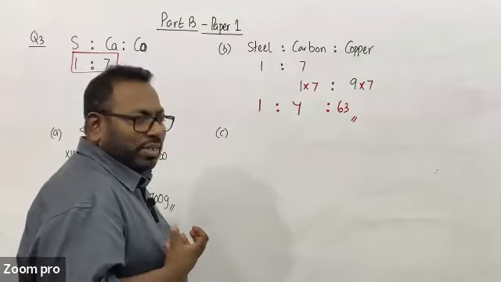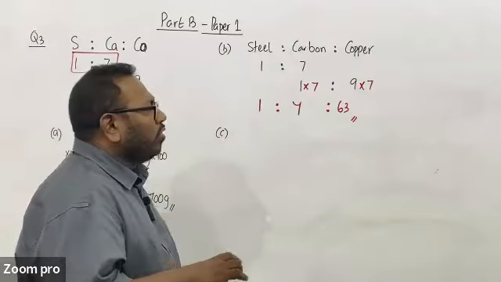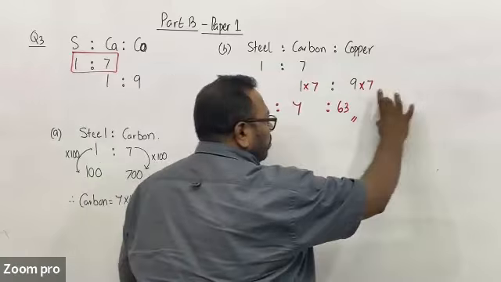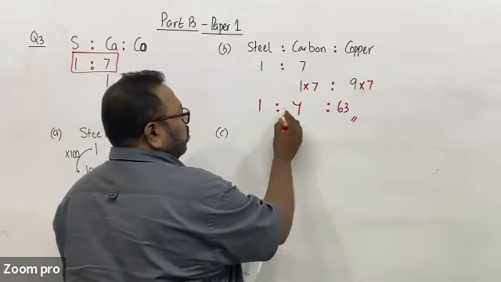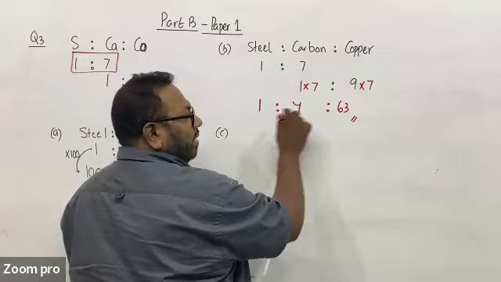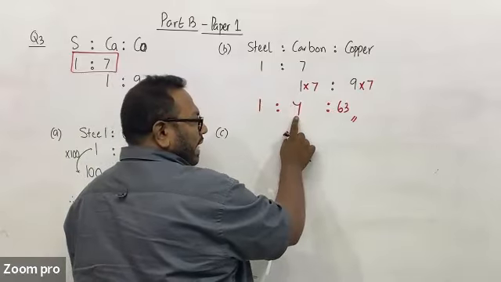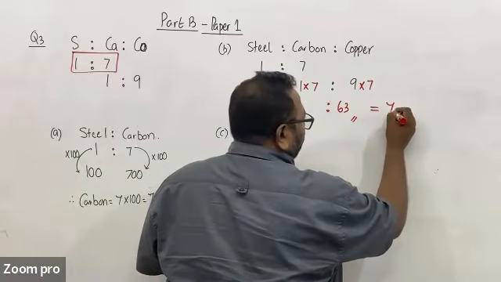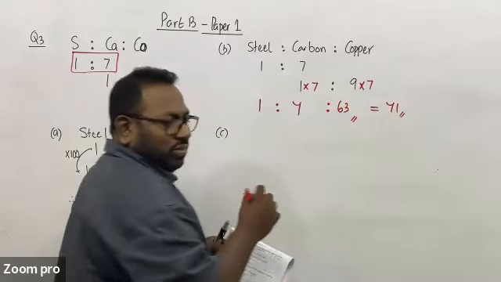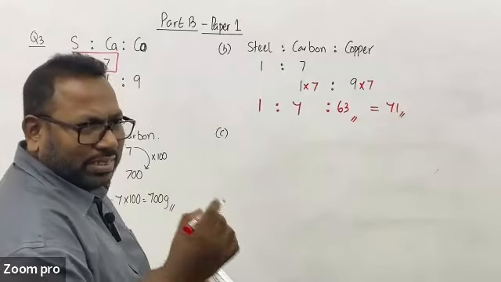Okay. So what do we need to do? First step is you find the total ratio. What is the total ratio? 1:7:63. 1 plus 7 is 8. 8 plus 63 will give you 71.